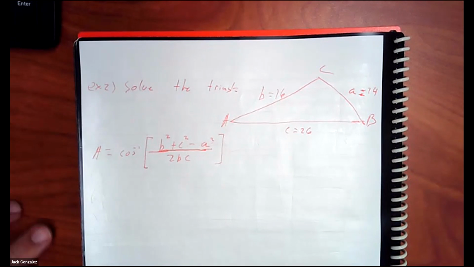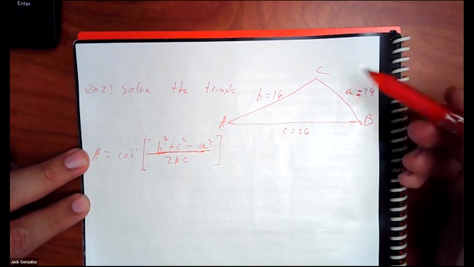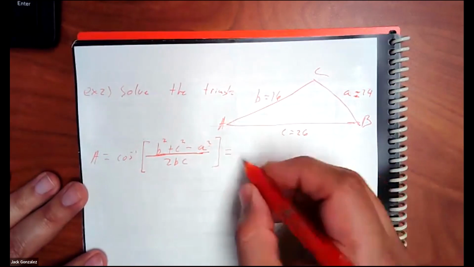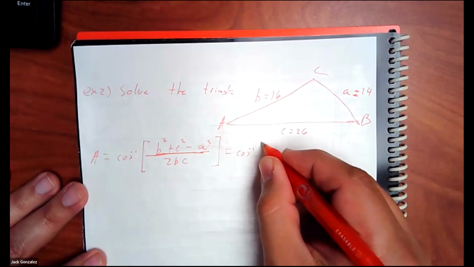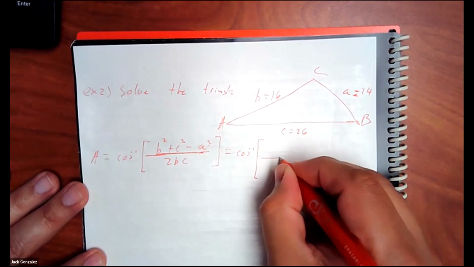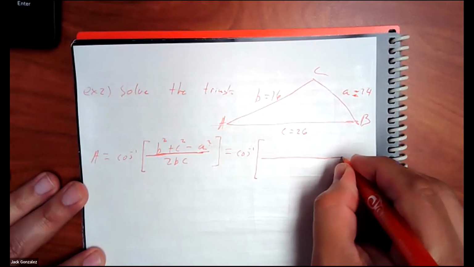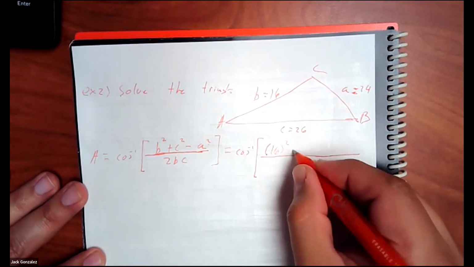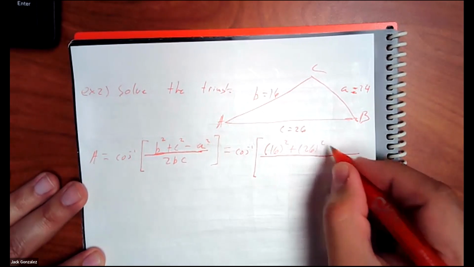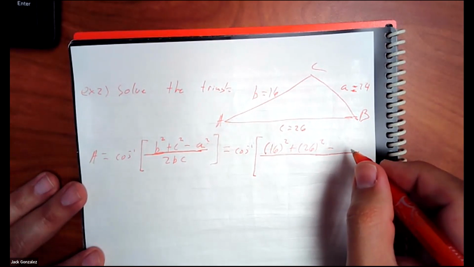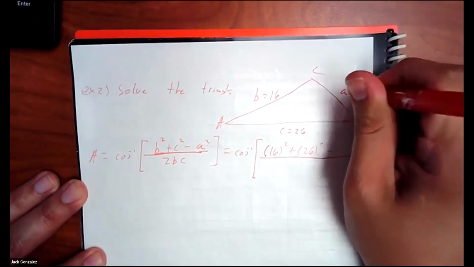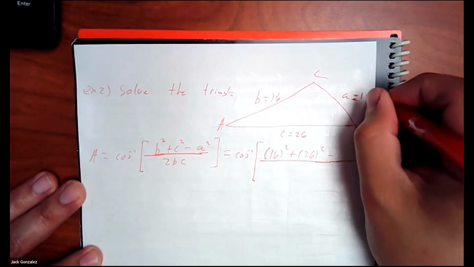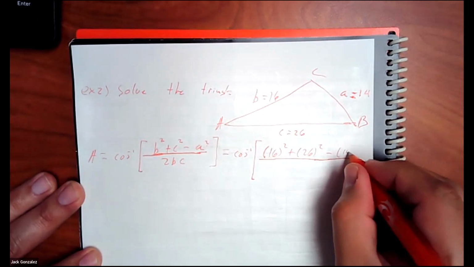So there's A. So we're gonna have to do this twice because once we have two angles, we can just subtract from 180 and find the last one. So we'll work less. So cosine inverse. Plug all that in there. 16 squared plus 26 squared minus, I can't read my own handwriting. Those are 14, right? 14.